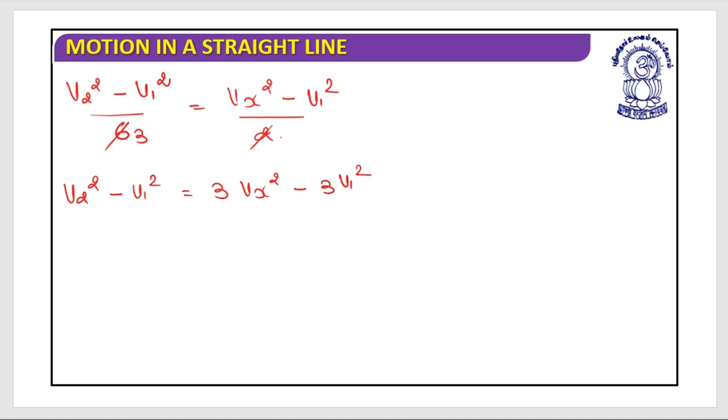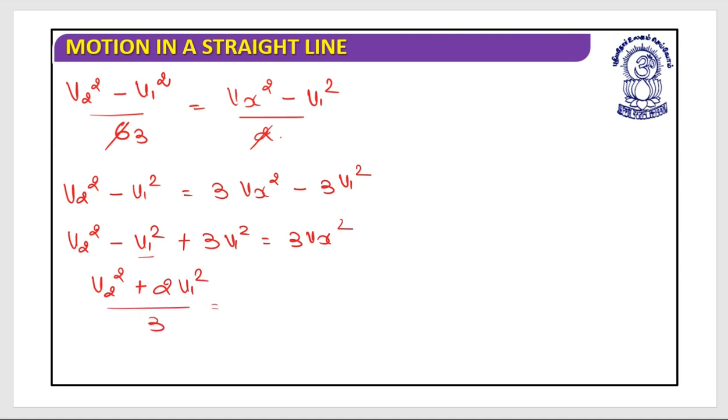So this is V2 square minus V1 square plus 3 times V1 square equals 3 times Vx square. So V2 square plus 3 minus 1, it's 2 V1 square, divided by 3, equals Vx square.